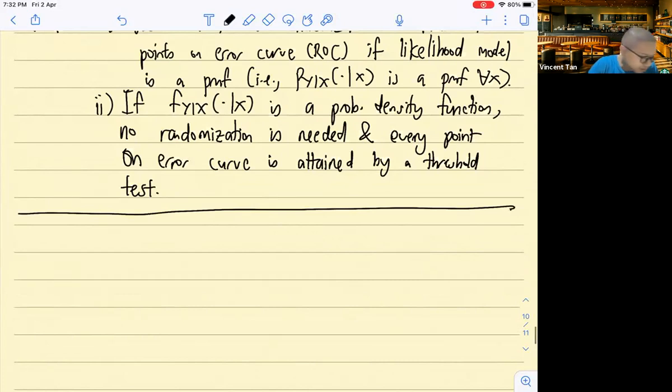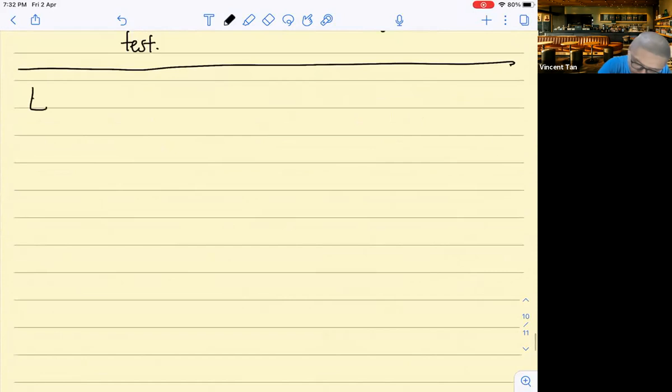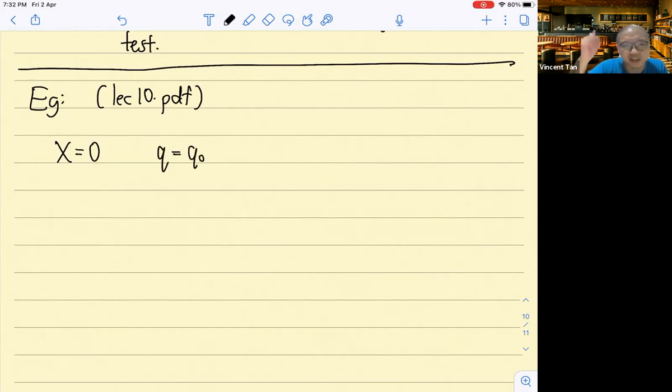In the last example, we have the following situation. All these examples are typed out in lec10.pdf. Today is lecture 10, so it's lec10.pdf, or lec 11, something like that. Under x equals 0, we have a certain parameter q, which is equal to q0, which is a half. Under x equals 1, q equals q1, some parameter equal to 1/4. Notice that these q's have nothing to do with the q above.